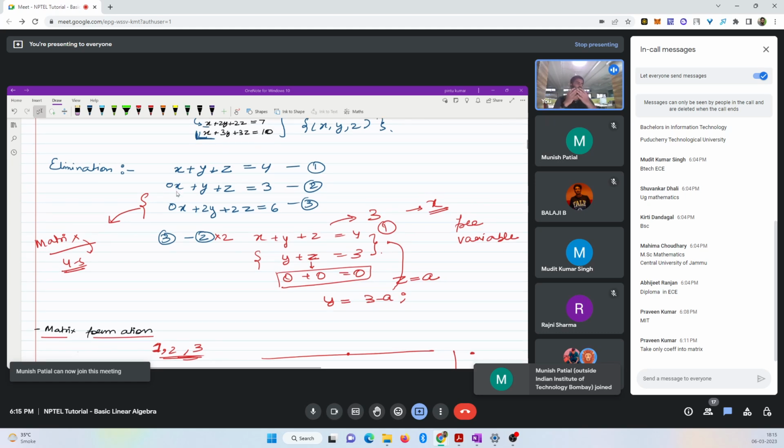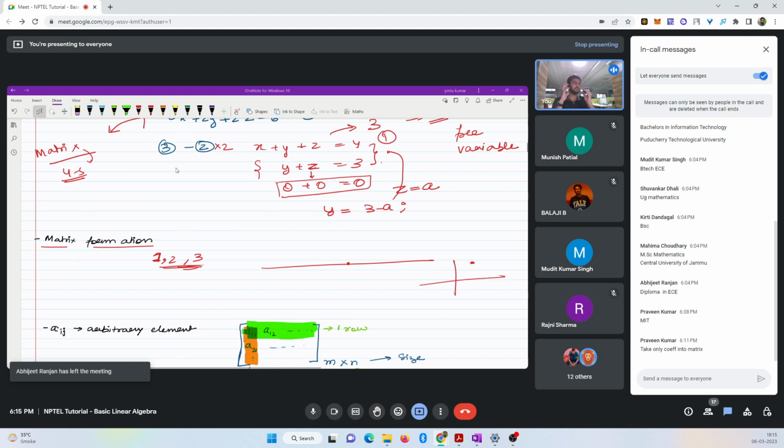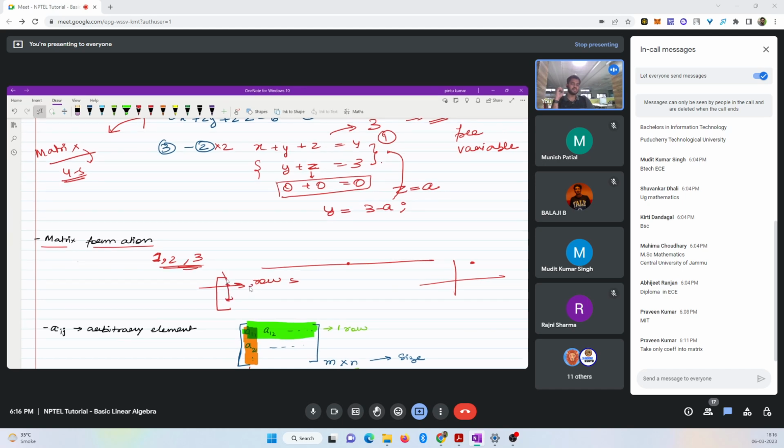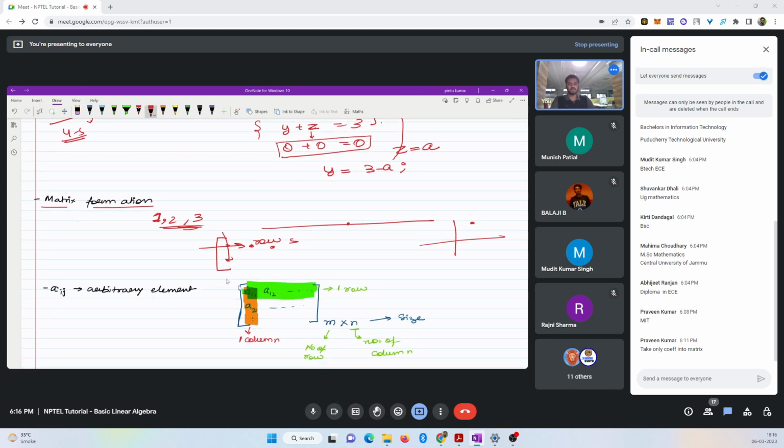There we talk about matrices. So what is a matrix? A matrix is a rectangular representation of data. We have some rows and some columns, and at every intersection we have some values.